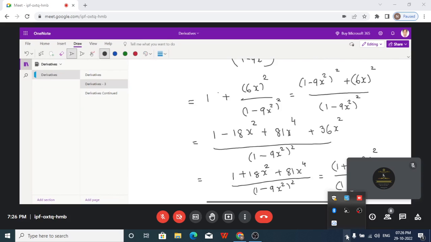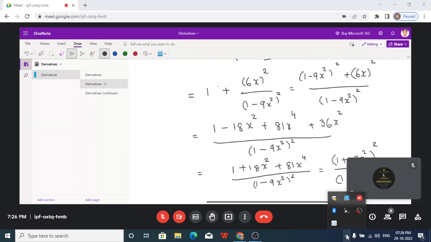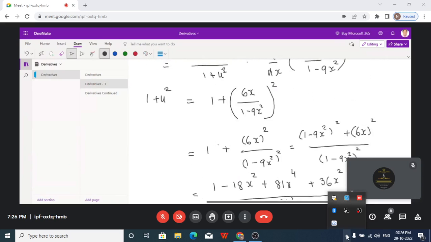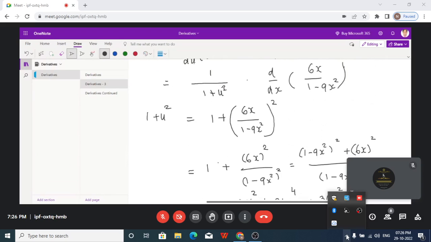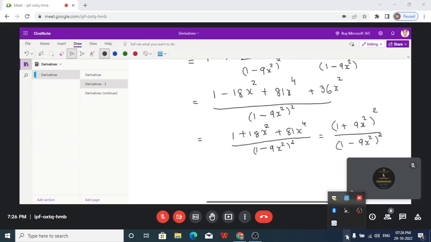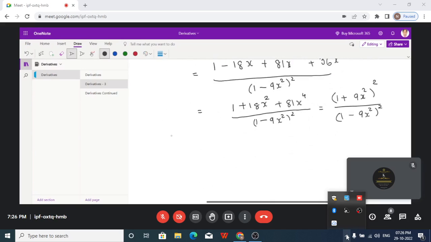You all agree? Yes, sir. Okay. So we have evaluated 1 plus u square. Then 1 by 1 plus u square will be 1 minus 9x square the whole square divided by 1 plus 9x square the whole square. Correct.